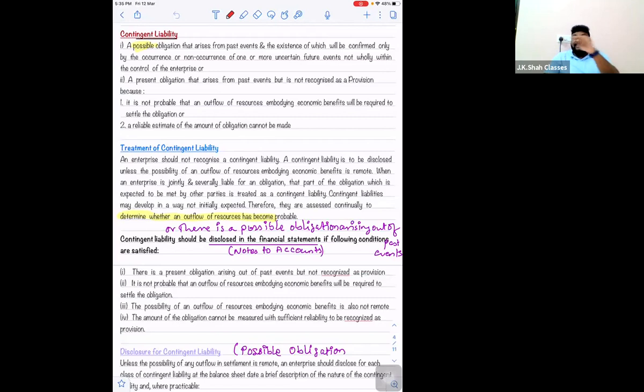And we saw three possible outcomes: it is probable that the contingency will happen, reasonably possible that it will happen, and remote that it will happen. When we say the chances are remote, it means there is no contingency at all. The chances for you to incur a contingent liability are not possible at all. That is remote. But when I use the word probable, probable means it is more likely to happen than not.